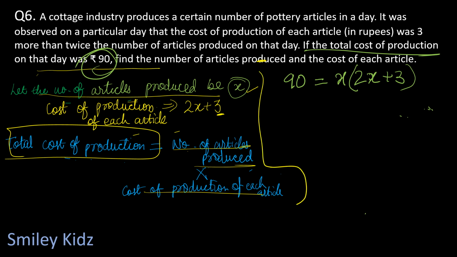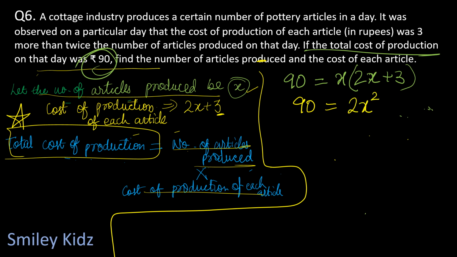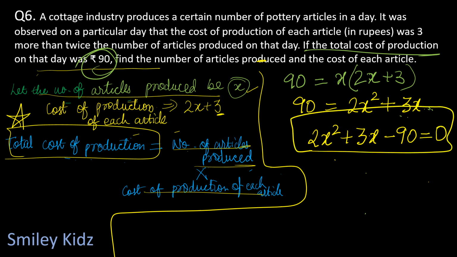So I've just substituted the values in this formula. So 90 is equal to 2x square plus 3x. Now in standard form it is 2x square plus 3x minus 90 equals 0. So this is a quadratic equation.